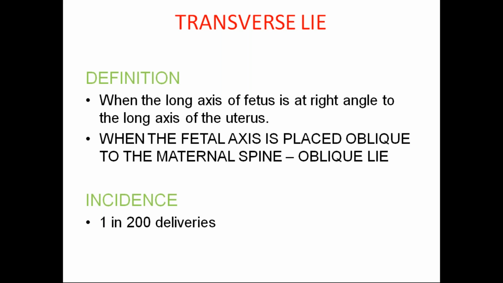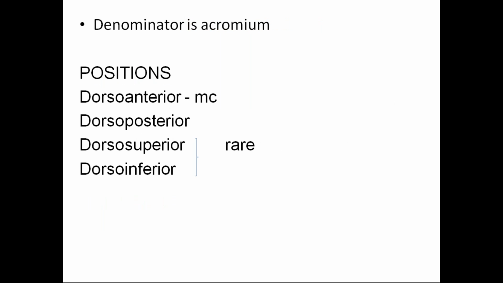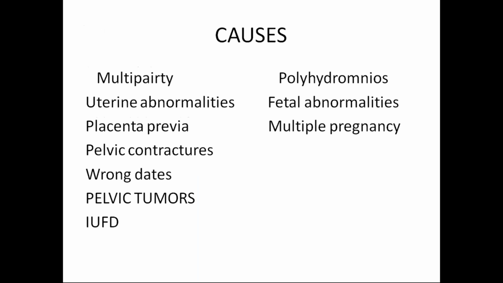Here the denominator is the acromion. So you call it right acromio anterior, acromio posterior, left acromio anterior, posterior, transverse, and so on. Most common is acromio anterior, right or left.